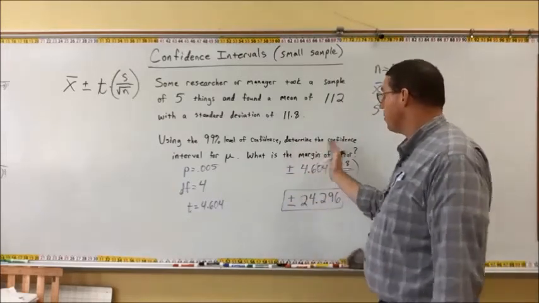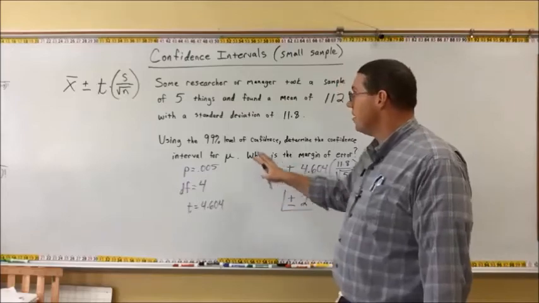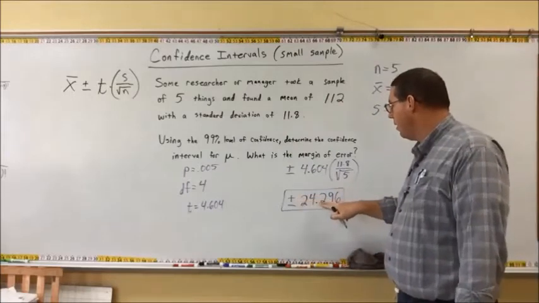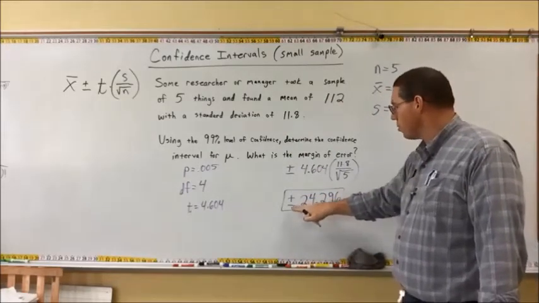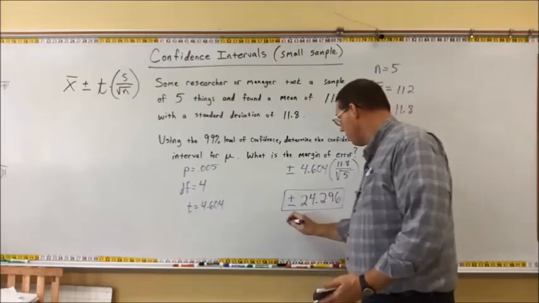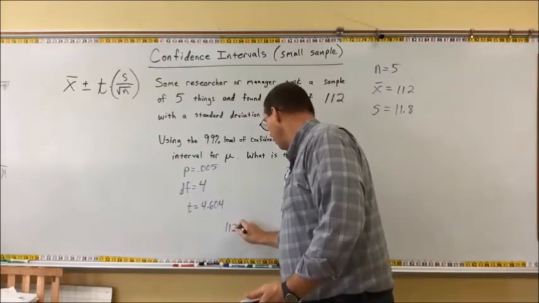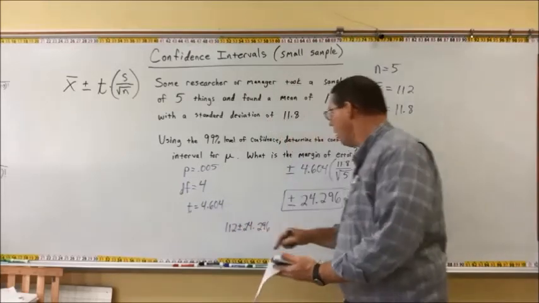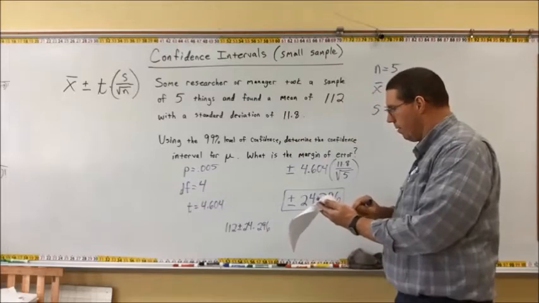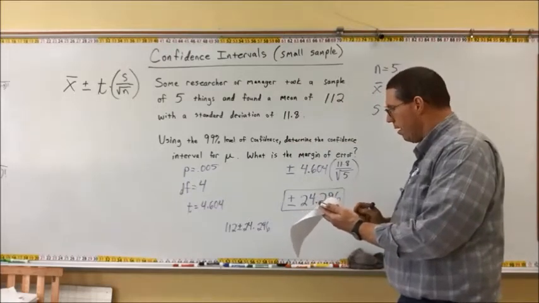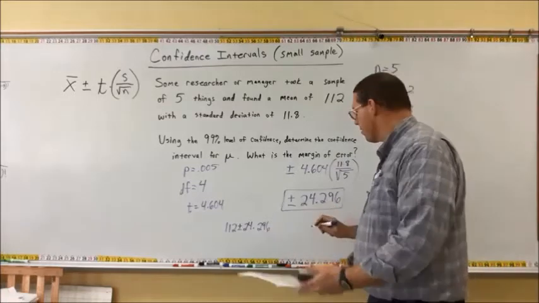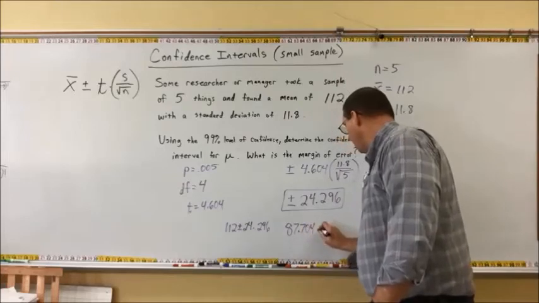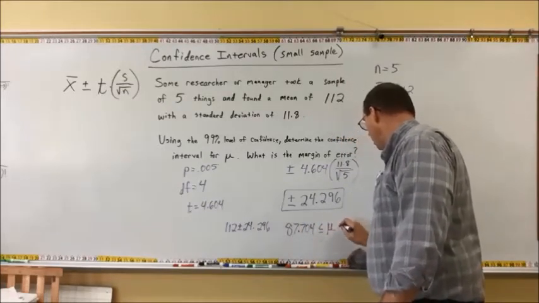Now, to find the confidence interval, we need to take the sample mean, which in this case is 112, and then we have to add the margin of error and also subtract the margin of error. So it's going to be 112 plus or minus 24.296. So let's do 112 minus 24.296, and that gives us 87.704. 87.704 less than or equal to mu less than or equal to.